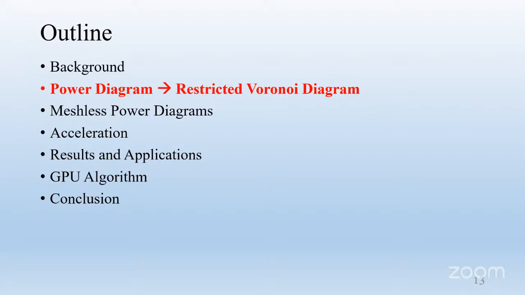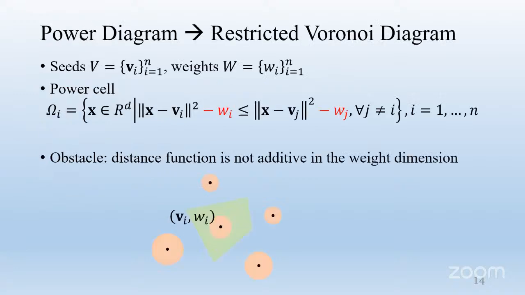Let us see more details. As just mentioned, the power cell is defined by this equation. We can see that the power distance function is not additive in the weight dimension, resulting in the neighboring relationship between weighted seeds being uncertain.